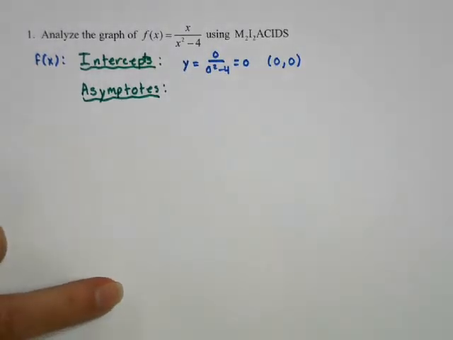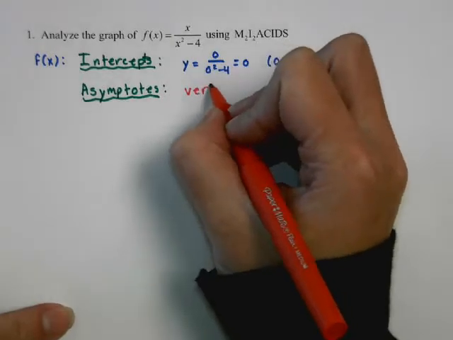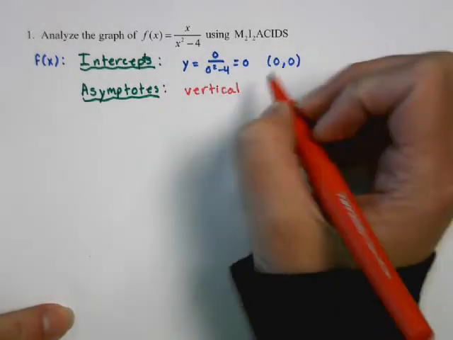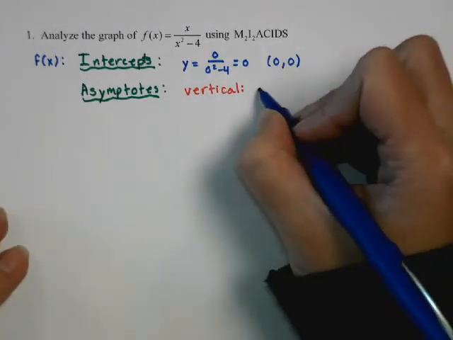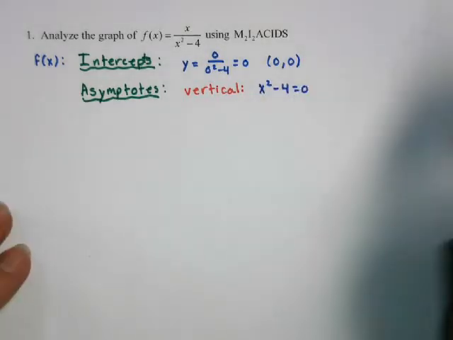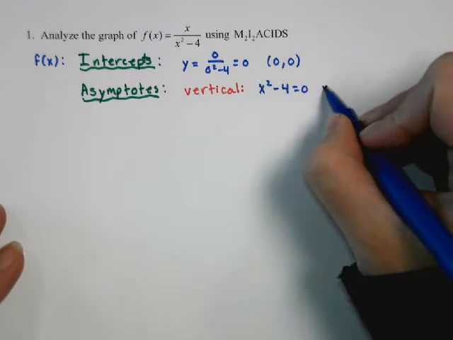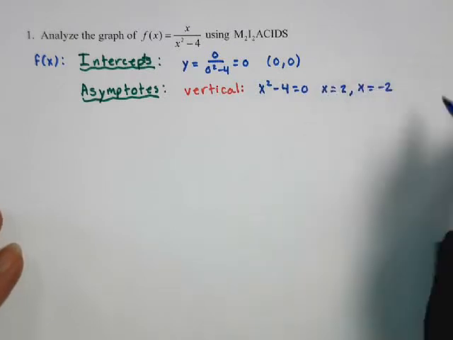Okay, so for vertical, we are interested in what makes the denominator 0. So in this case, x squared minus 4 equals 0. Well, that's going to occur at x equals 2 and when x equals negative 2.